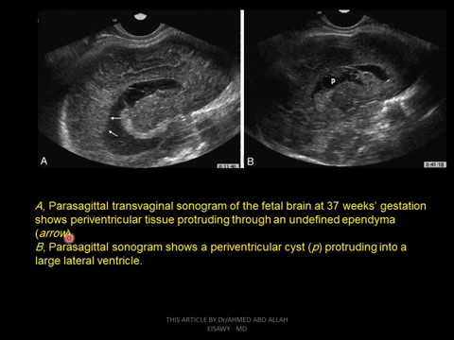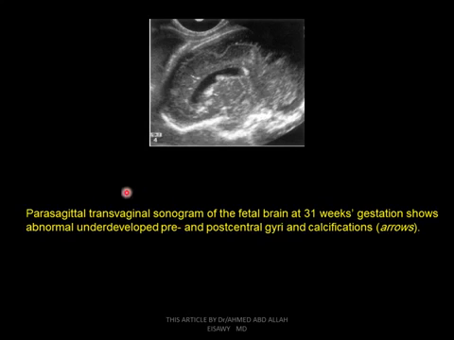These images show a large cisterna magna and fourth ventricle and hypoplastic vermis in this brain with cytomegalovirus infection. This parasagittal view at 27 weeks shows periventricular tissue protruding through undefined ependyma. The sagittal brain shows a periventricular cyst protruding into a large lateral ventricle. This parasagittal view at 31 weeks shows abnormal undeveloped pre- and post-central gyrus and calcification.